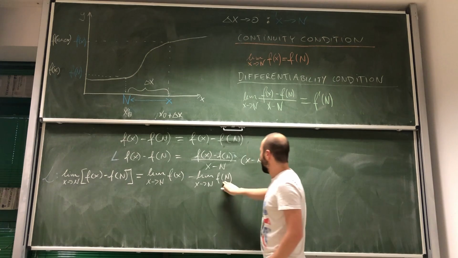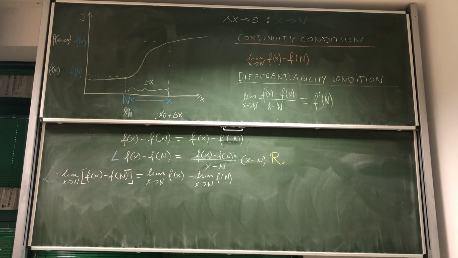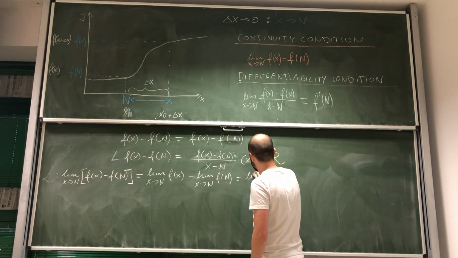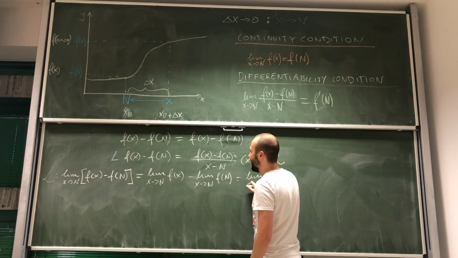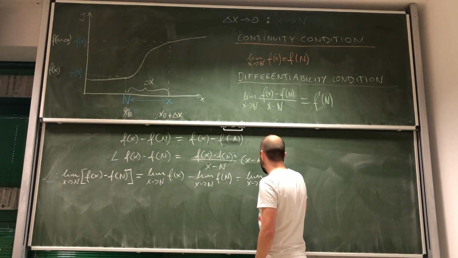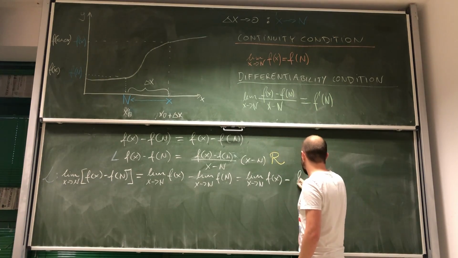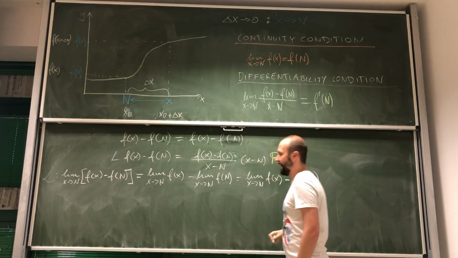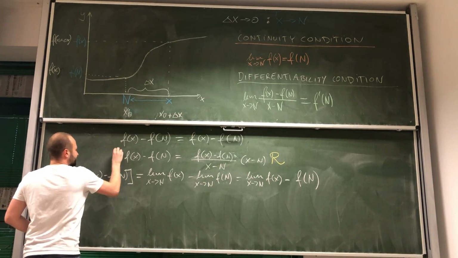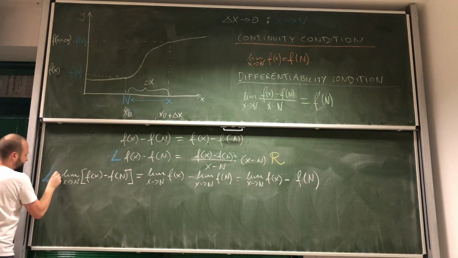But look, over here, if we've got f of n, it means we are already at point n, so we can simply rewrite this as limit with x approaching n out of f of x minus f of n. Okay, I think you cannot see this color, so I'm going to replace this one with L over here. This is our left-hand side.